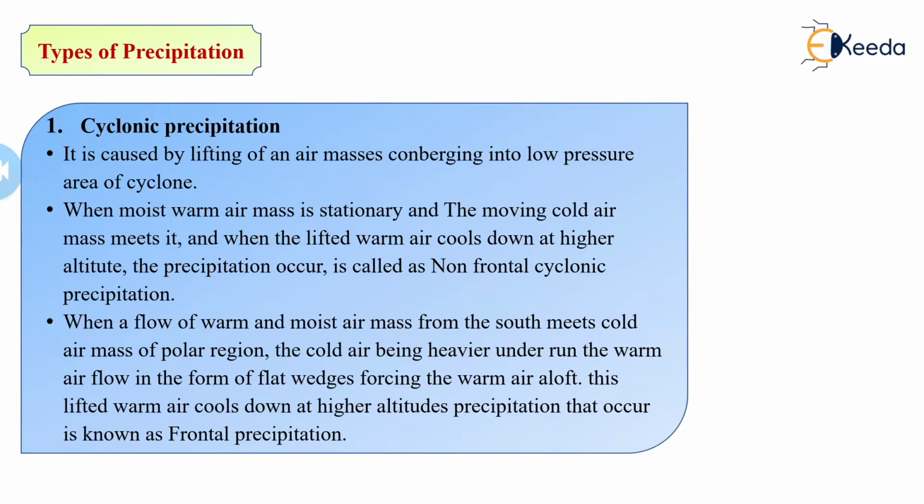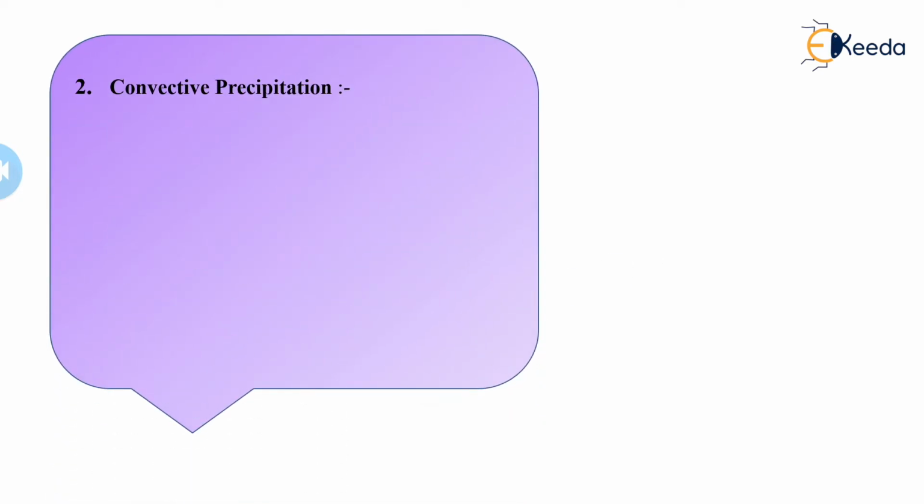The colder air mass becomes heavier and runs under the warmer air, and the flow becomes in the form of flat wedges that force the warmer air to lift to a higher altitude, and then it cools down. The precipitation that occurs is known as frontal precipitation. Generally, this precipitation occurs because of cyclone action. So the next precipitation type is convective precipitation.